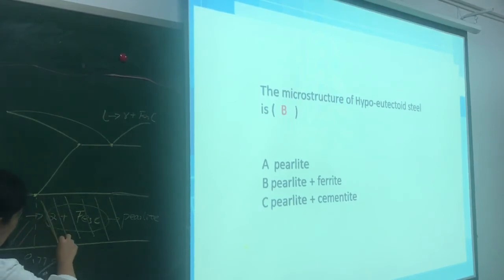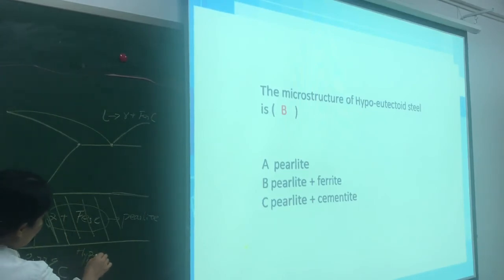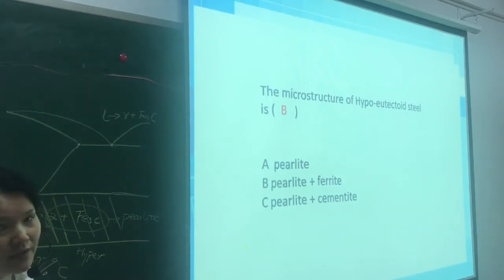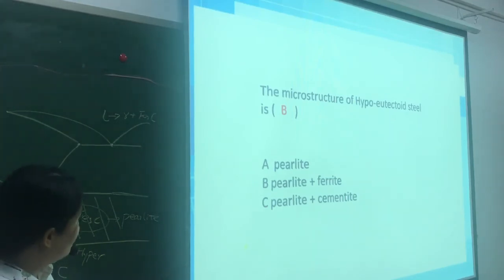So the microstructure of hypereutectoid steel is perlite and cementite. The cementite can increase the strength and hardness of the steel, and the ferrite is soft.